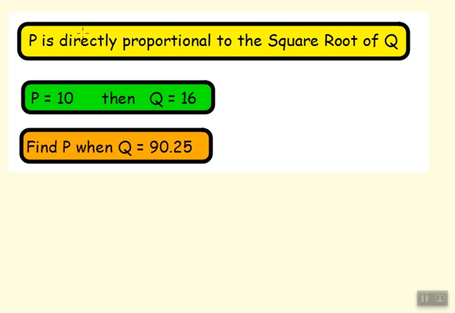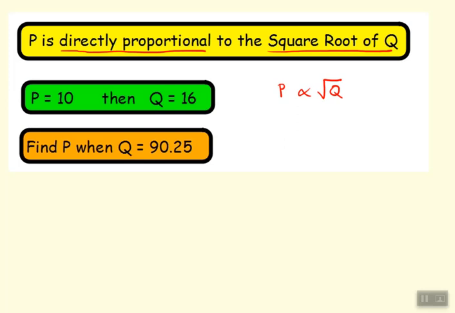This time round, it says P is directly proportional, so I'm going to put that alpha symbol, to the square root of Q. So not Q, but the square root of Q. I'm going to write the square root of Q like this.